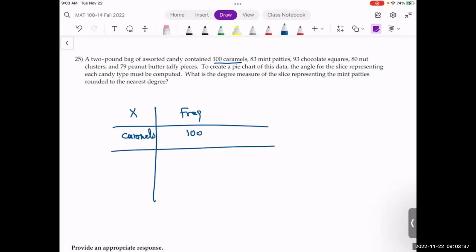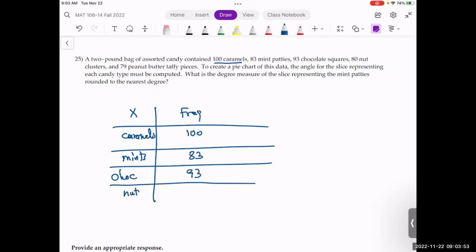We have mint, 83, chocolate, 93, and the nuts, they are 80, and then peanuts, they are 79.